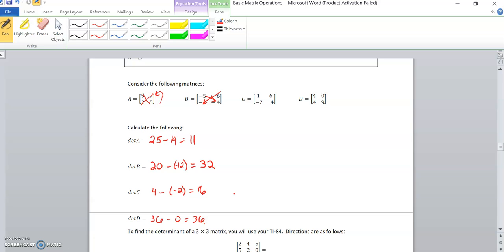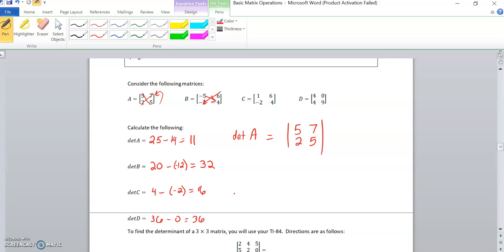So we found our determinants that way. Again, determinant A would be, DET of A is like saying the absolute value of 5, 2, 7, 5. Do not put the bracket part, just an absolute value.